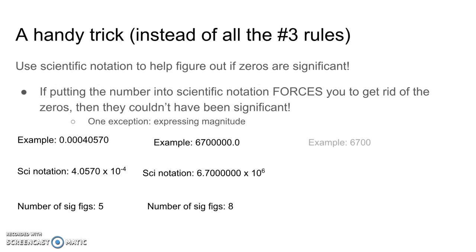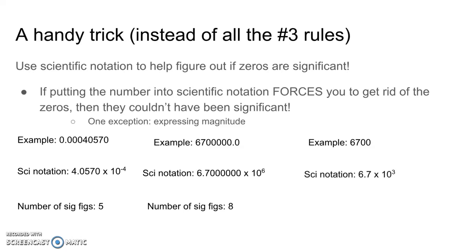All right. Now, here's where the exception comes in. If I'm trying to express magnitude, there are zeros here, and I might not be forced to get rid of them, but these are not considered significant. If you're wondering why, go back and look at the few seconds before this on the previous slide. This is really trying to tell me magnitude.